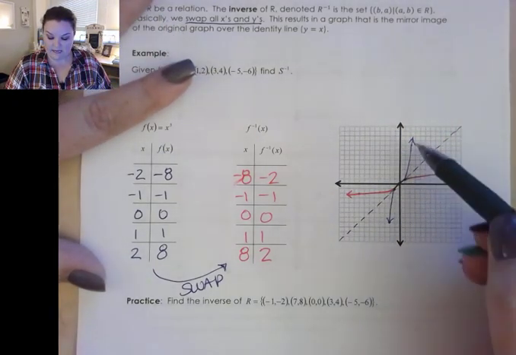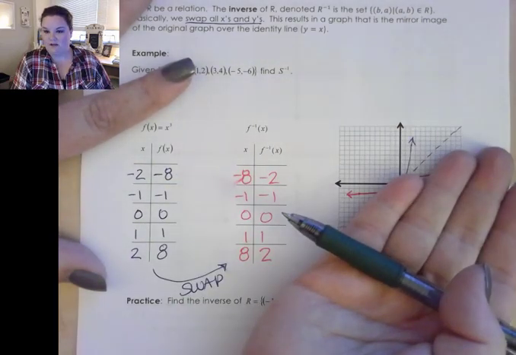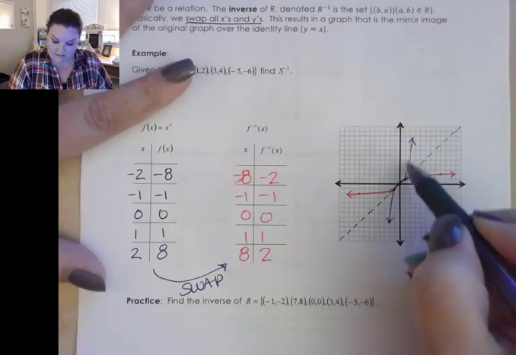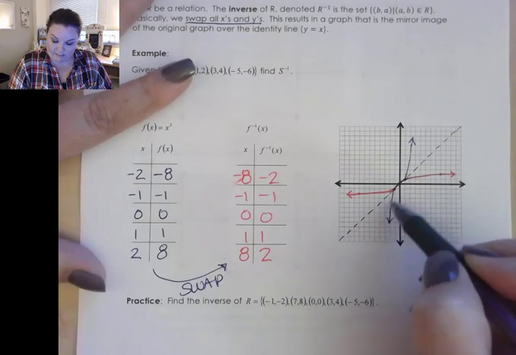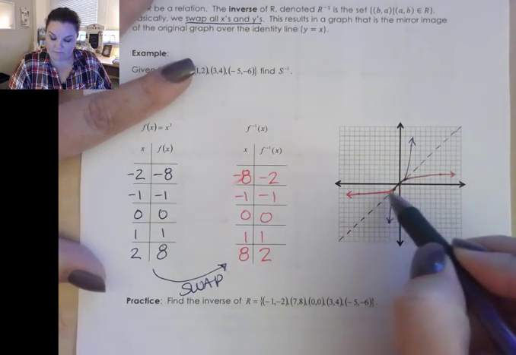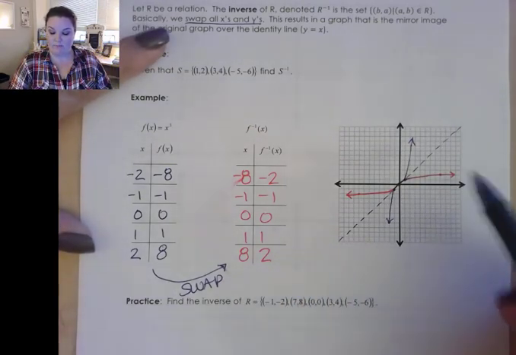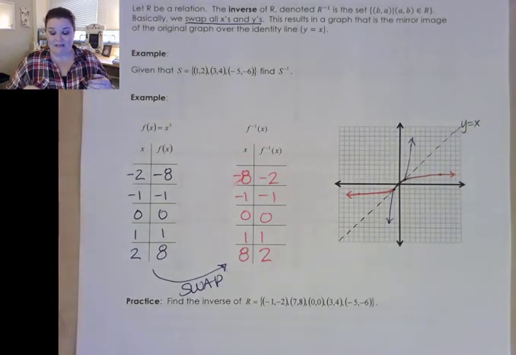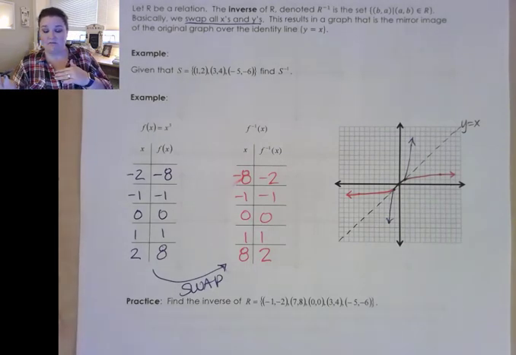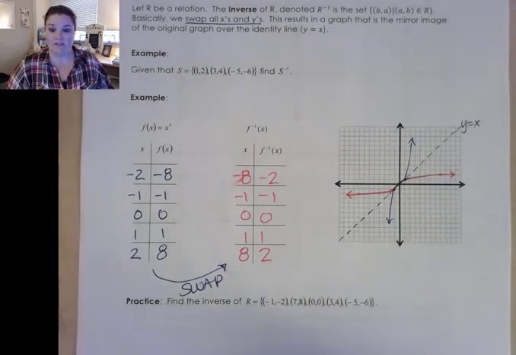So notice if I take this blue function and flip it over this dotted line, this little piece is reflected across over here, right? And then this blue piece going down is reflected across to the red piece over here. So this is a really great way to check yourself whenever you have to graph a function and its inverse. It should create a mirror image across this identity line. And the reason that it does that is because we're going from one graph to its inverse by swapping all the x's and y's, which is what creates that mirror image, okay?